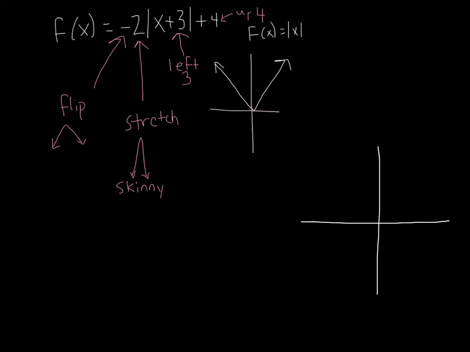But we have to move our graph left 3 and up 4. So when I do that, I go left 3, up 4, and that's the new vertex. We know the graph is going to be V-shaped and sort of skinny like that. So to figure out some points on this graph, let's make a t-chart. So let's rewrite our function down here.